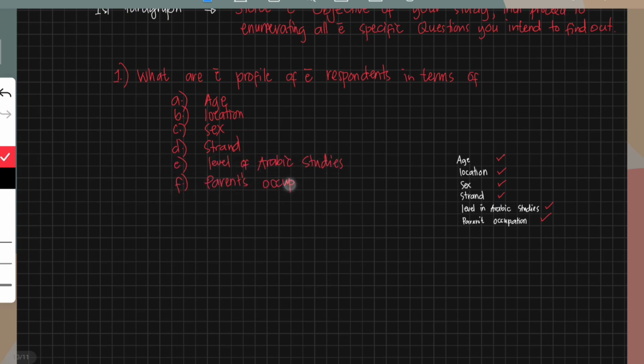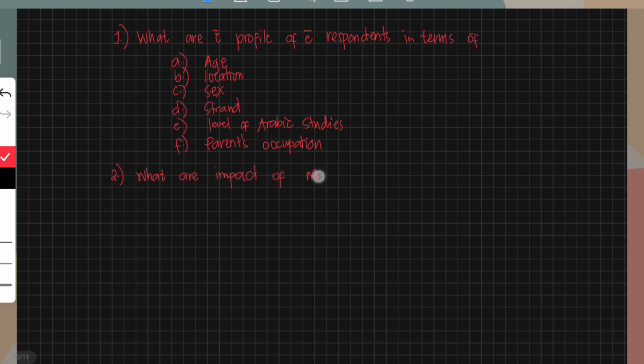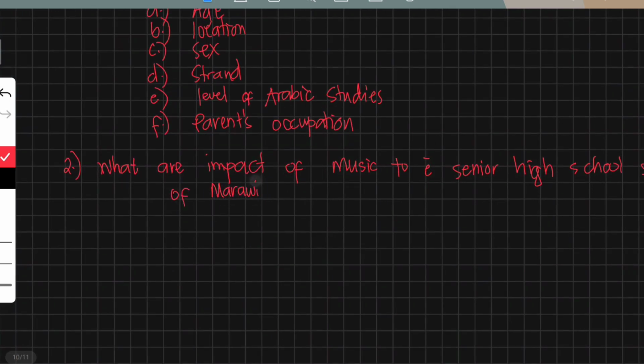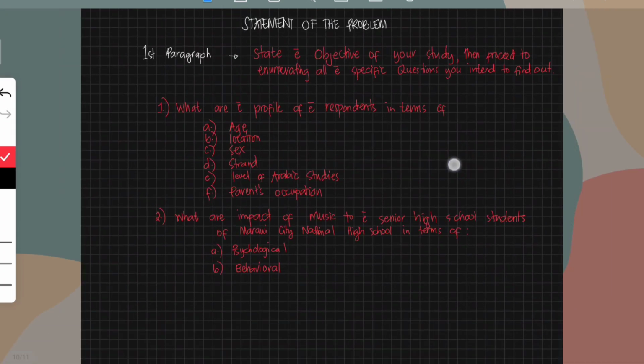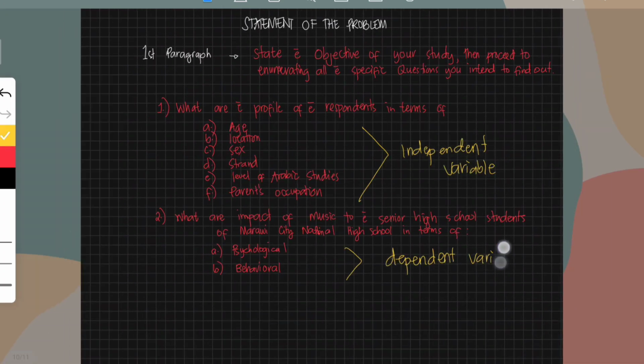Okay? Second one is, ang binigay natin na question is, what is the impact of music to the senior high school student of Marawi City National High School in terms of their psychology and behavior? Okay? So that's the second question of our statement of the problem.